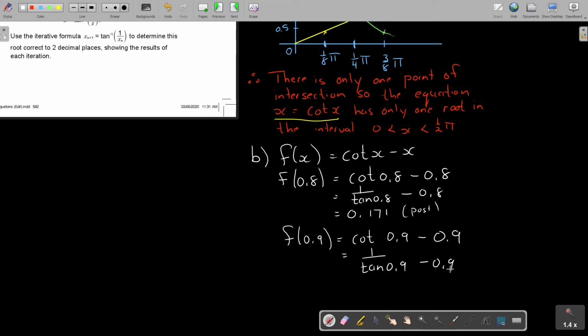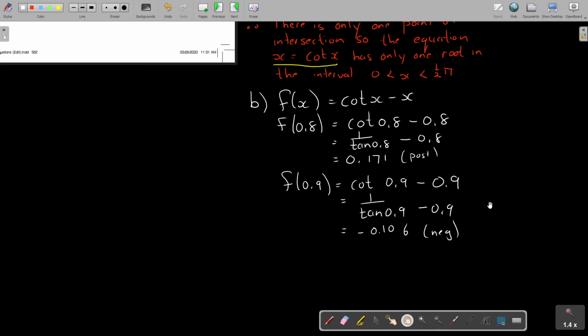So 1 divide tan 0.9 equals minus 0.9, 3 significant figures. And it's minus 0.106. That's negative.